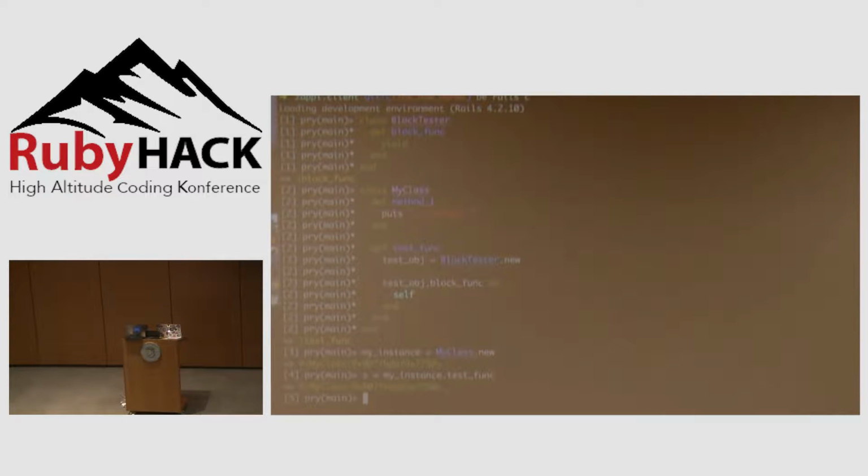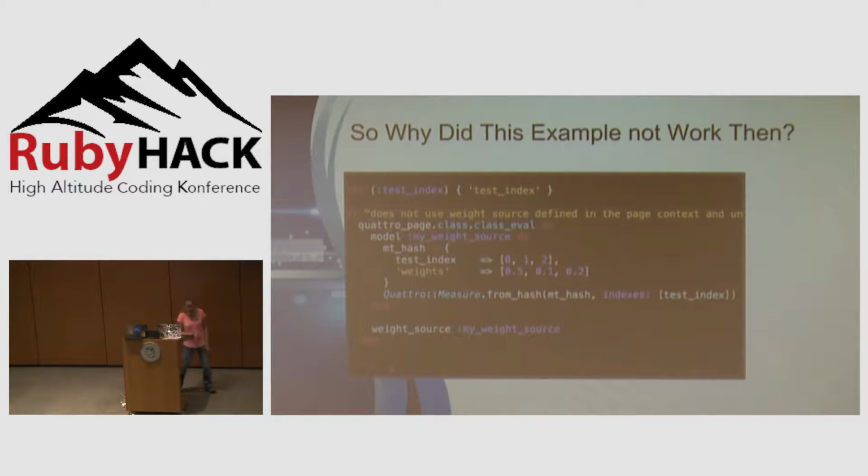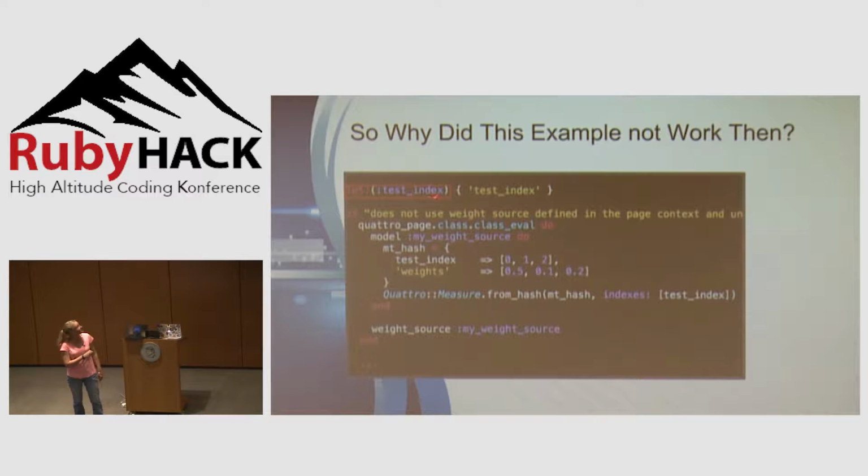Okay, now given everything I just said, I would have thought my original RSpec example should have passed, because here I'm defining test_index, and we now know that's a helper method, and you'd think RSpec would be smart enough to add this method to whatever RSpec object is active inside this it block.